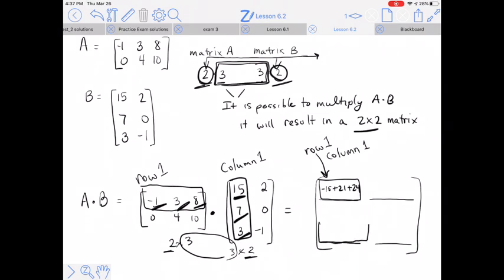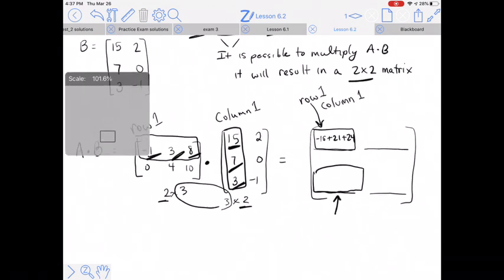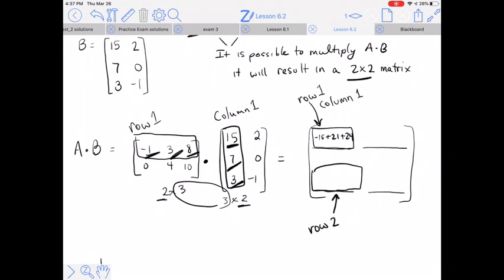So this entry, for example, right here, this is row 2, but it's still column 1. So I'm using row 2 from the first matrix and column 1 from the second matrix. I'm going to go across the row and down the column.